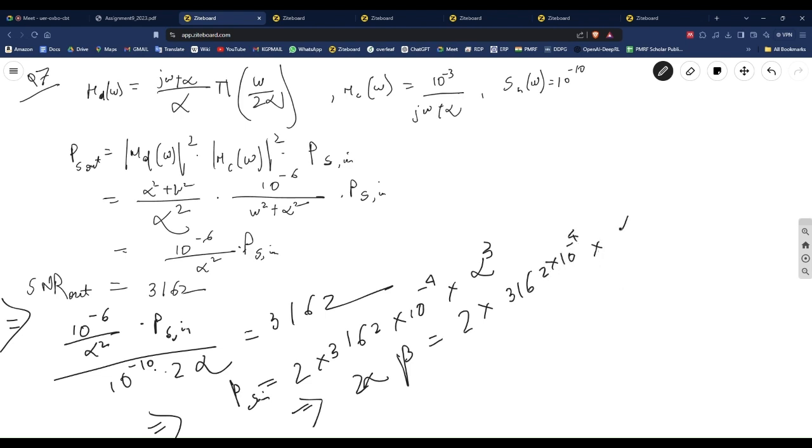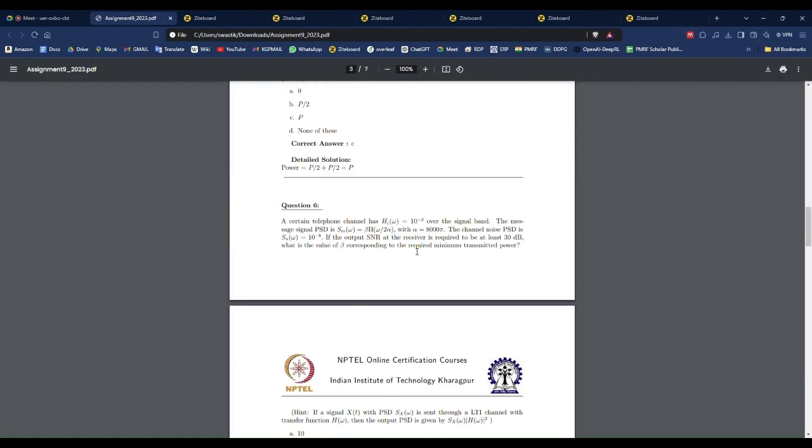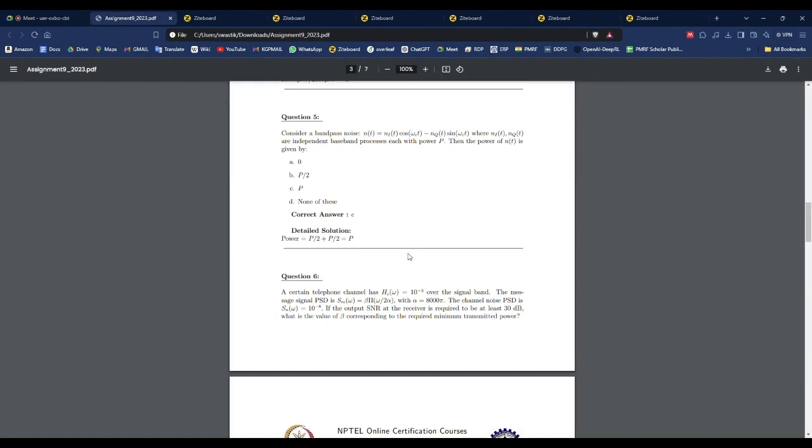So beta is equal to 3162 into 10 to the minus 4 alpha square. And alpha is given to be 8000 pi.